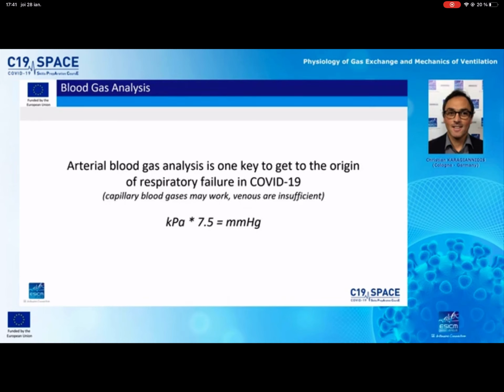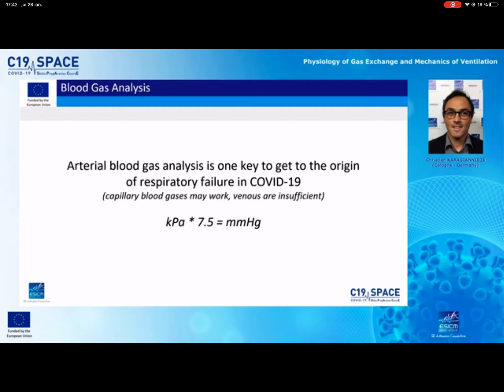In regard of PaO2 and PaCO2, the arterial blood gas analysis is the key to get to the origin of respiratory failure in COVID-19 patients. If you don't have a possibility to get an arterial blood gas analysis, you may also use a capillary blood gas analysis that sometimes works in some patients, but usually a venous blood gas analysis is insufficient to get the real information you need for your COVID patient.